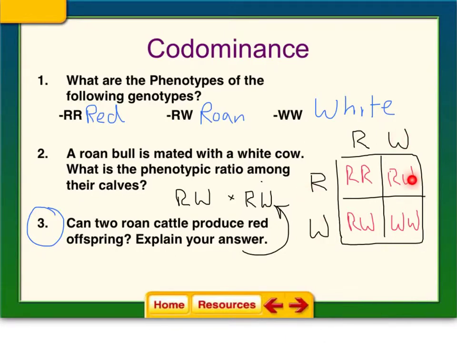And then we end up with 1 pure white cow. So what's our ratio going to be? Okay, and then you see you get your ratio of 1 red cow, 2 that are roan, and 1 that is white. So when you explain your answer, yes, you can have a red cow show up from 2 roan parents.